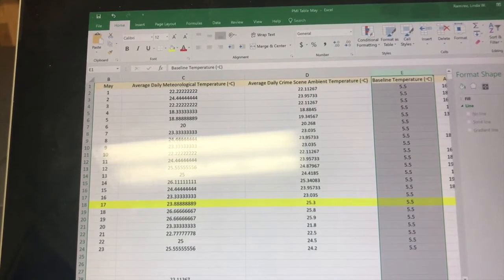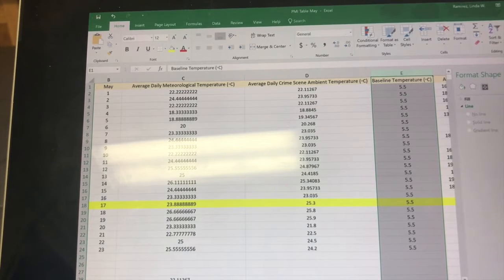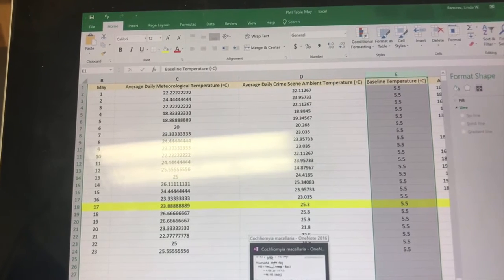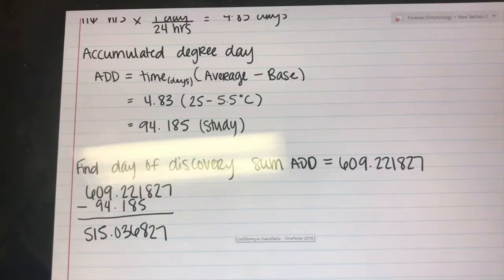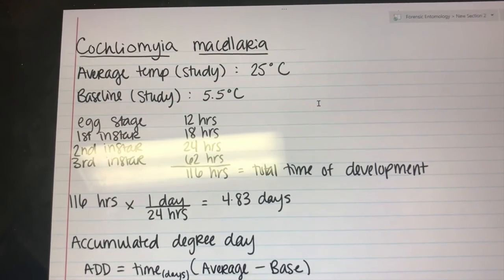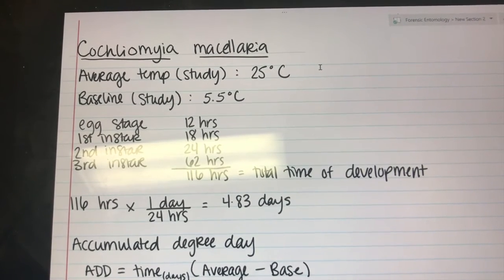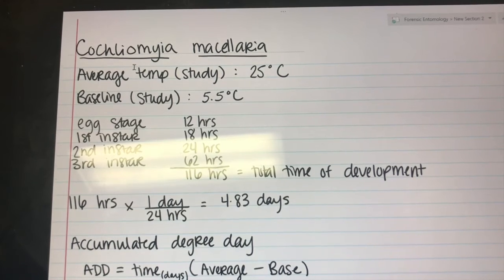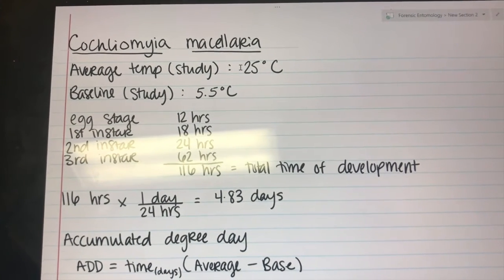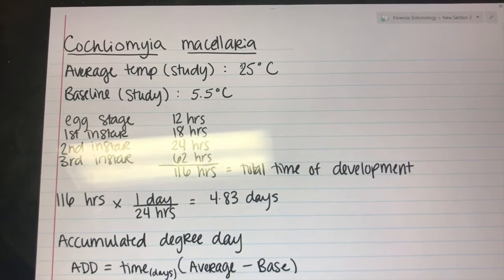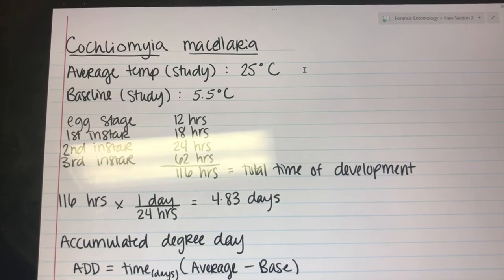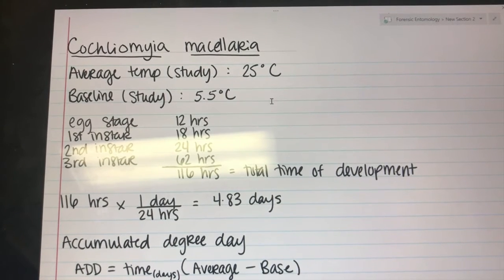Next, we're going to switch over to look at some other notes that you'll have from primary literature. So, for Cochliomyia macellaria, the average temp of the study that we used was 25 degrees Celsius. This temperature most closely matches the temperature at our scene.